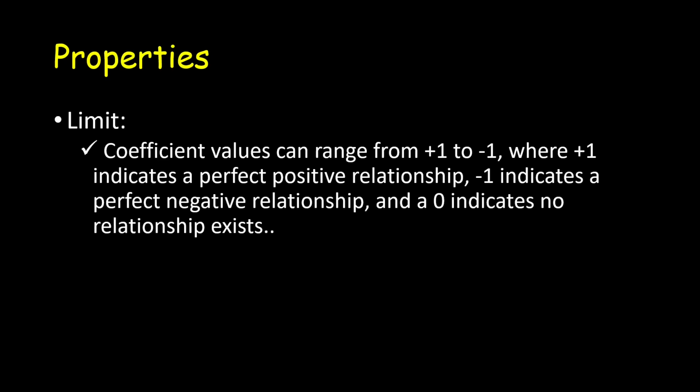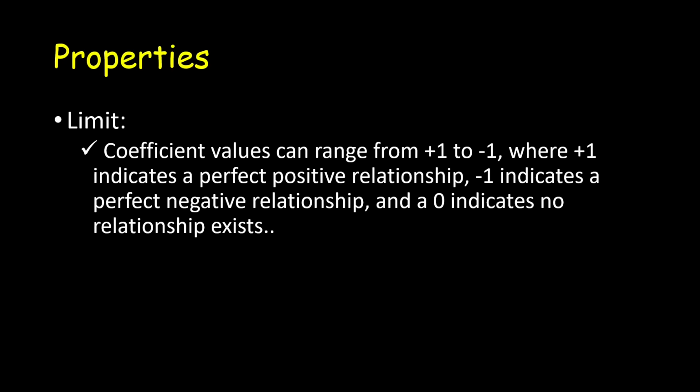In the case of logistic regression, we have from 0 to 1. Here we have +1 to -1, where +1 is positive, towards the right, and minus indicates towards the left, and 0 indicates there is no relationship.